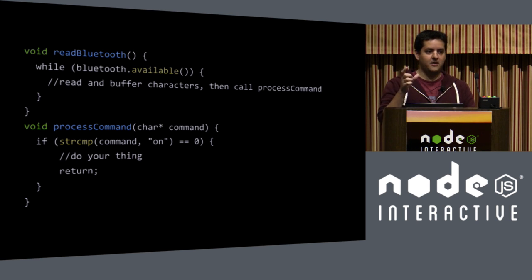Once you have a whole command, probably delimited by \n or something like that, you just pass it to a function that can recognize the command and do what you want to do. So, I mean, it's not Johnny 5, but it's not that complicated either.